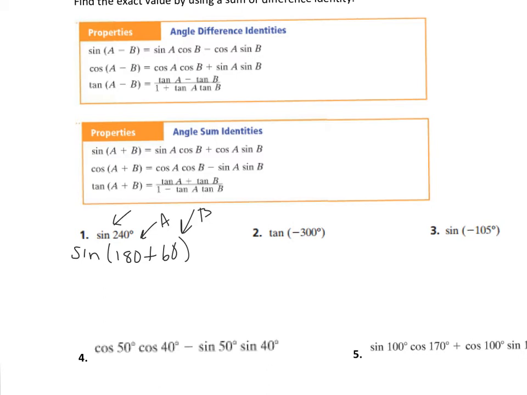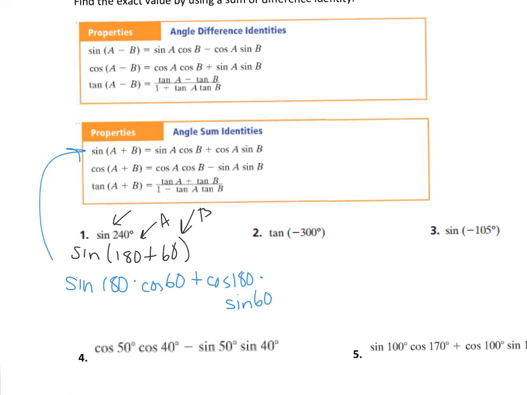So I'm using this formula right here and doing sine of 180 times the cosine of 60 plus the cosine of 180 times the sine of 60.